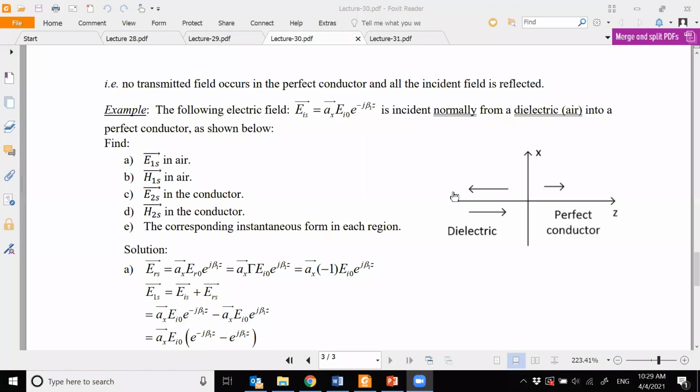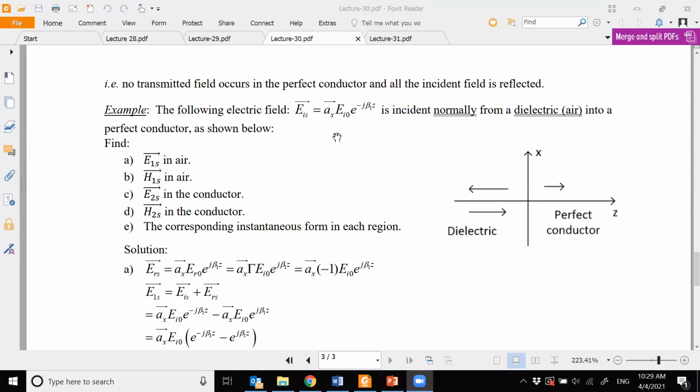Again, you are taking a dielectric with a perfect conductor, and now we are looking at the field expressions. We want to find the field expressions in the dielectric, which is E1s in air, because my medium 1 is air and my medium 2 is perfect conductor. This is the electric field which is incident normally to this interface.